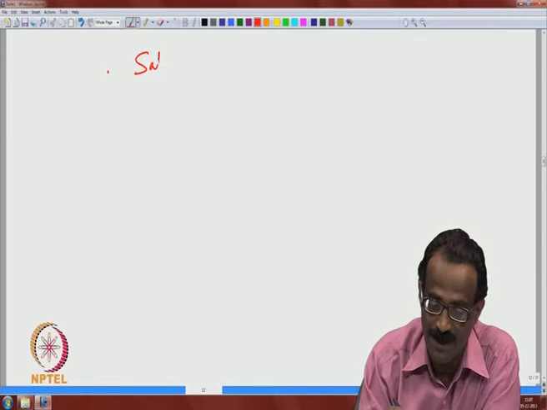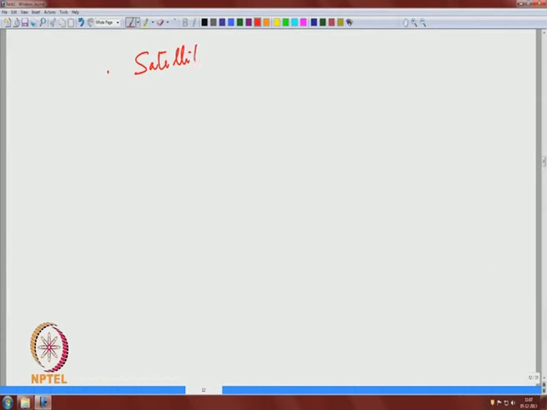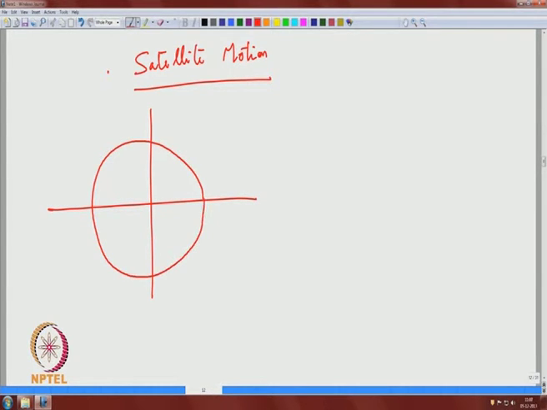are examples from satellite motion, which is so important. Typically you have a satellite at a position P with x, y as the coordinate system, and it has thrusting capacity.